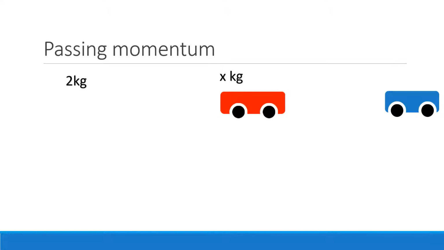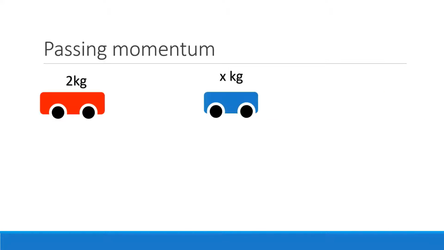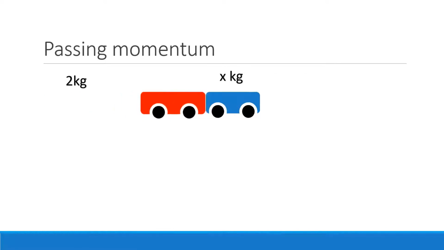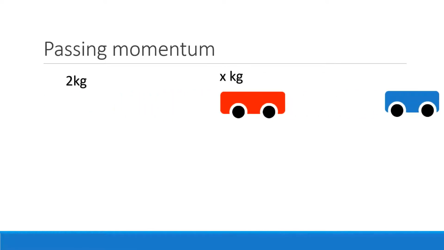You may have experienced this in other situations. Maybe bowling, you could draw an analogy with this too. The idea is that one thing hits another thing, and then that second thing speeds off really quickly. So hopefully you can think of a situation where that might occur.